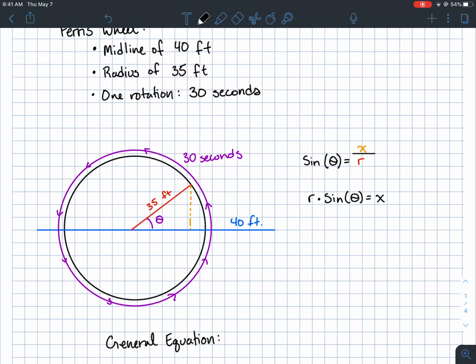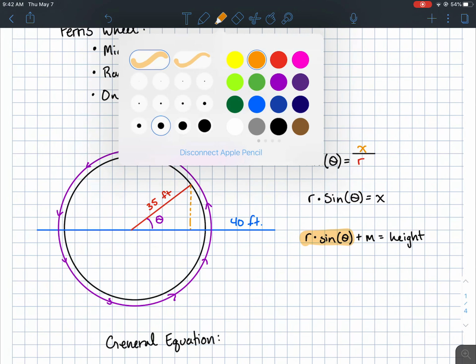But if we want to find our overall height, now we have to do r times sine of theta, plus our midline, which is going to give us the actual height. So this here gives us the orange part, which is just how high above the midline we are.